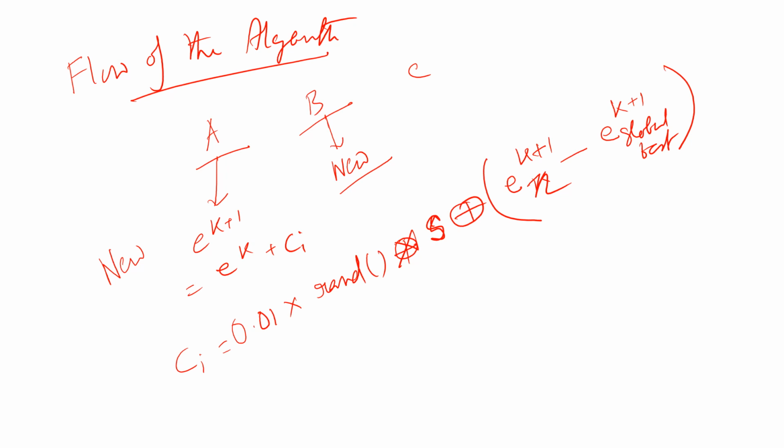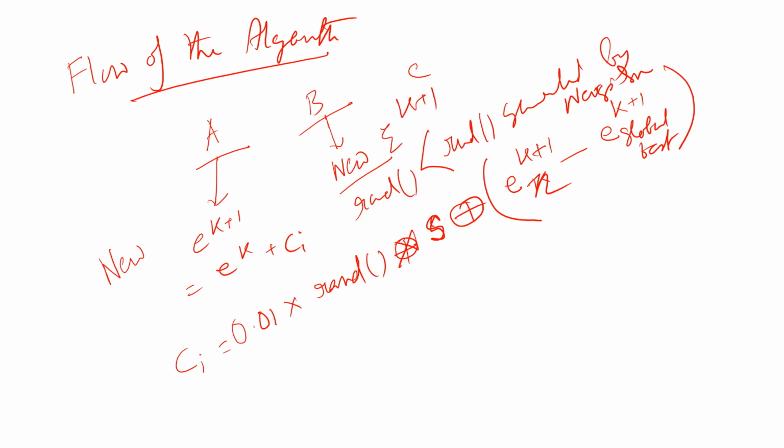But if the random number generated is less than the random number generated by the new set, then step B also has some formulas to generate the new position, new x or new ek plus 1.